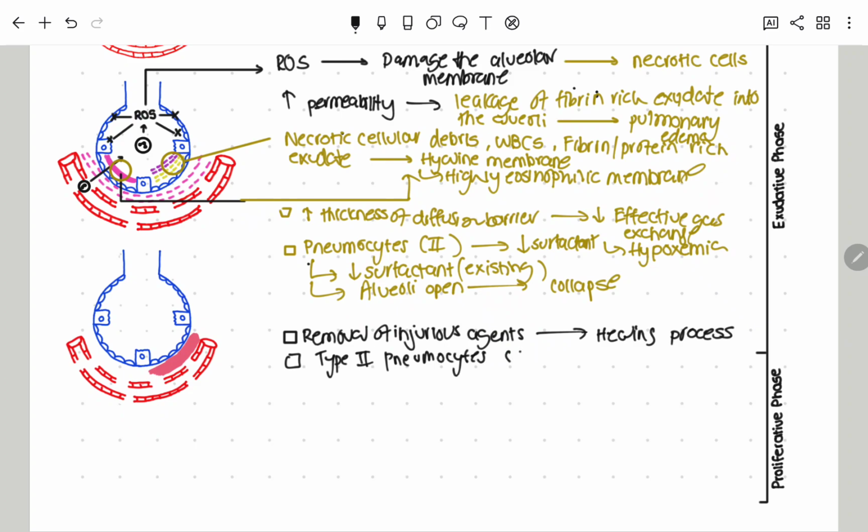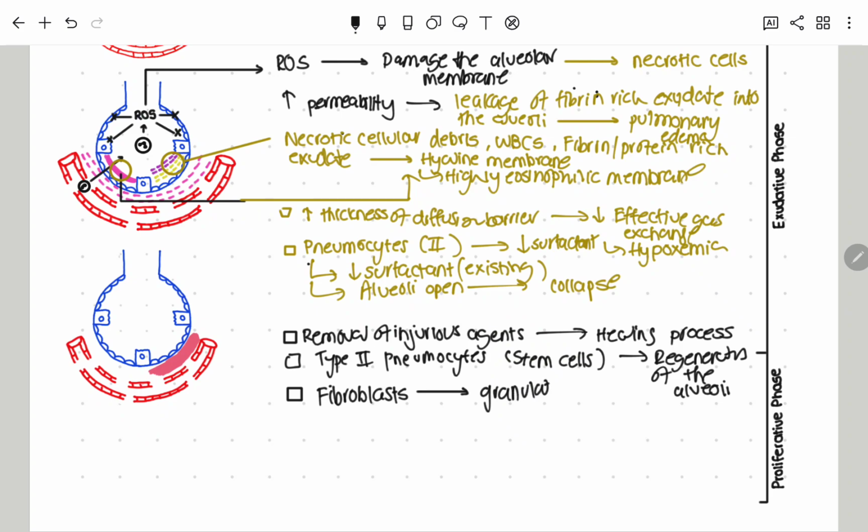These act as stem cells that are involved in the regeneration of the alveoli. Another cell type that is involved in the healing process anywhere in the body are fibroblasts. And from general pathology, you will remember that these are responsible for laying down granulation tissue. So they lay down granulation tissue in the interstitium.